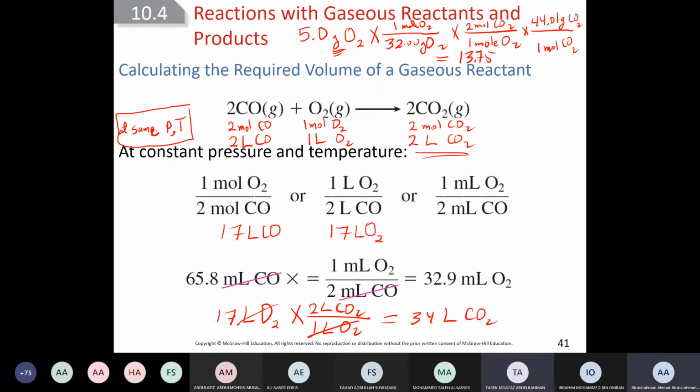First, you must find the limiting reactant. 17. Why? CO is the limiting reactant, and 2 to 1. In this case, I need only 8.5 of this one. I'm not going to use 17, I'm going to use only 8.5, because there's a limiting reactant. Of course, you have to be careful with the limiting reactant. Is this clear?